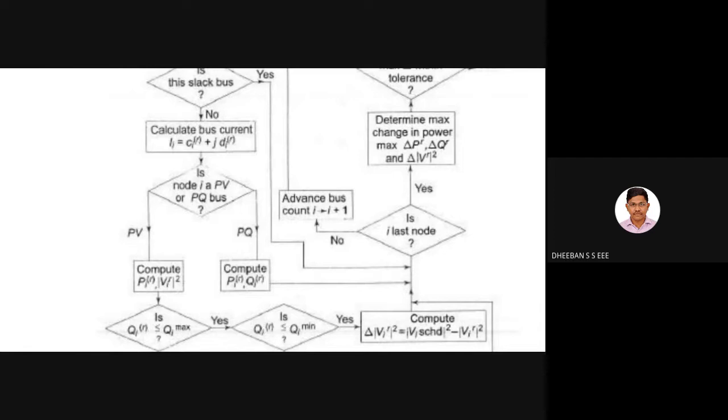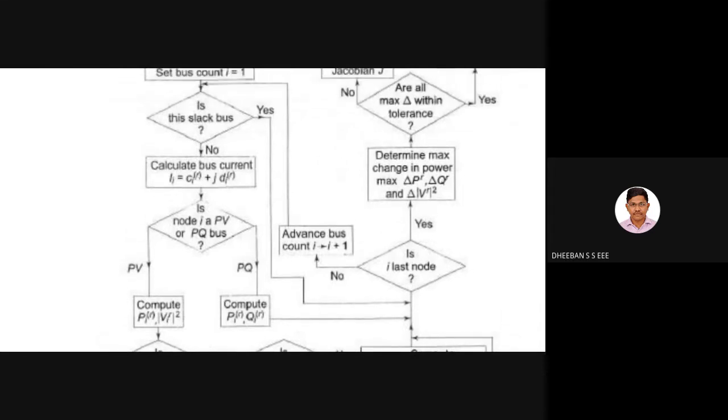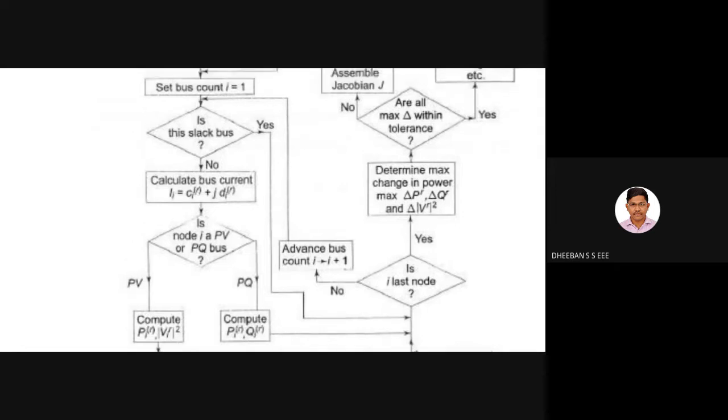For the third bus you have to increase the bus count, right? This is what they are saying. If your second bus is not your last bus, you have to increase your bus count to the third bus, and find whether it is again a PV or a PQ bus, and then find the power. Whether it is within the limit or not, you have to find the residue powers.